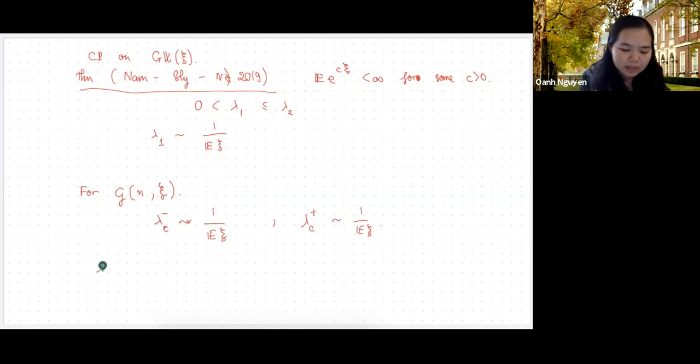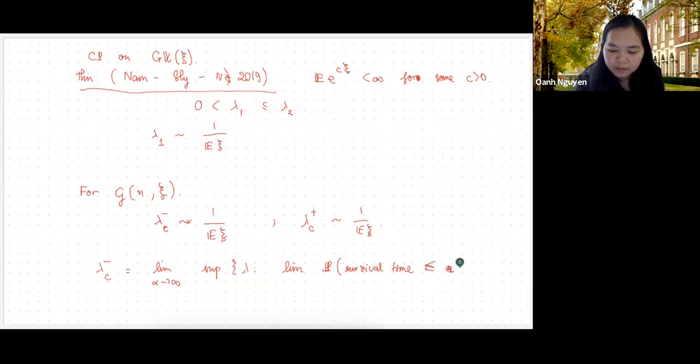So lambda xi minus is the limit, as alpha goes to infinity, of the supremum over lambda such that the survival time is greater than n to the alpha with probability going to 1.